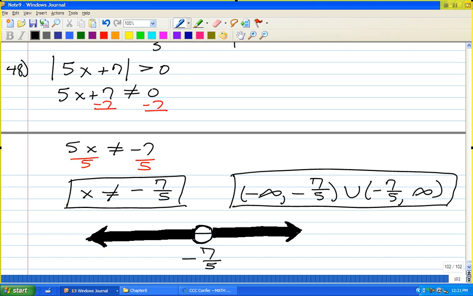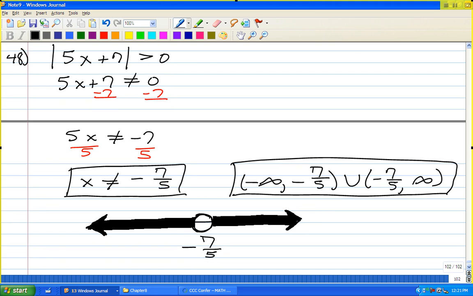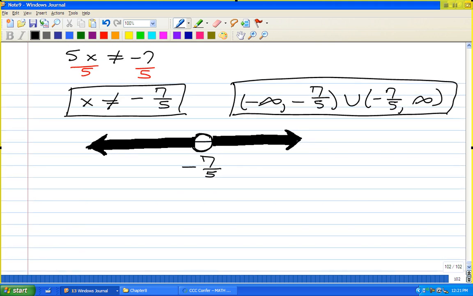Okay, let me do problem number 52. Absolute value of 2x over 3 minus 1/2 greater than or equal to 5/2.